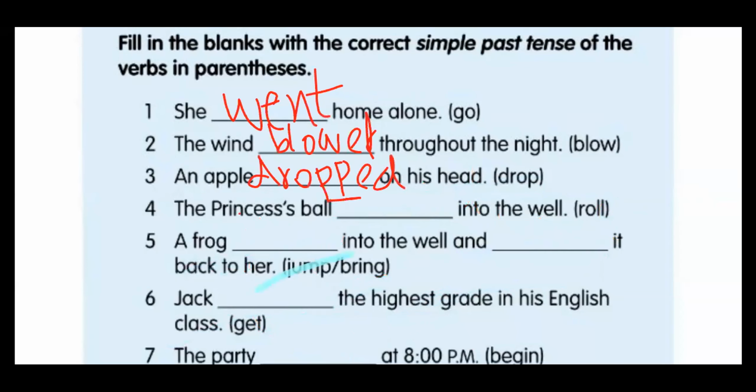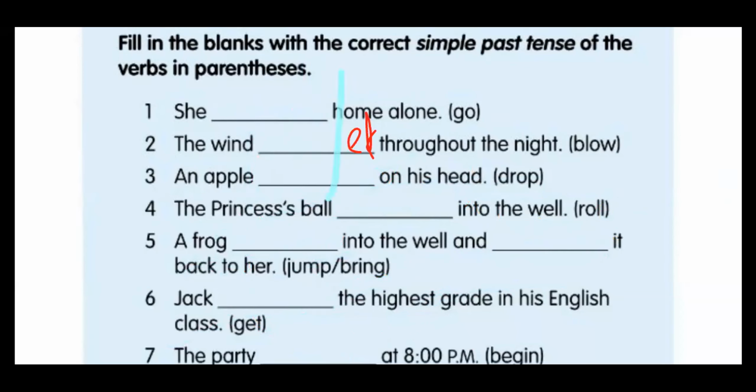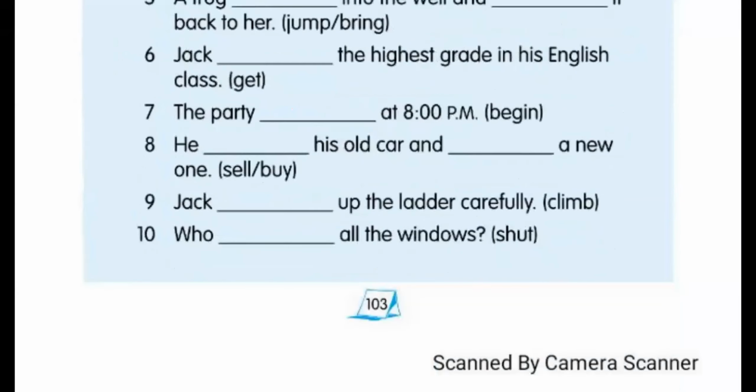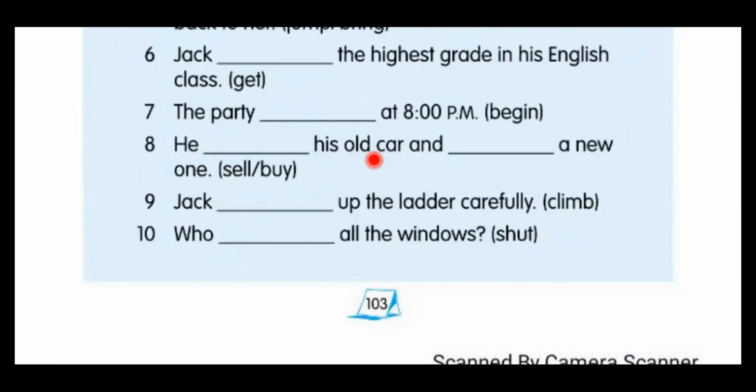Now let's see another sentence. He dashed his old car and dashed a new one. Sell, buy. So what will come over here? He sold. Okay, sell will become sold. He sold his old car and buy will become bought.